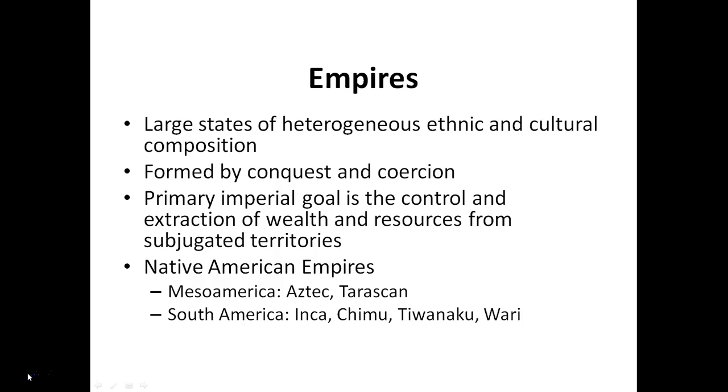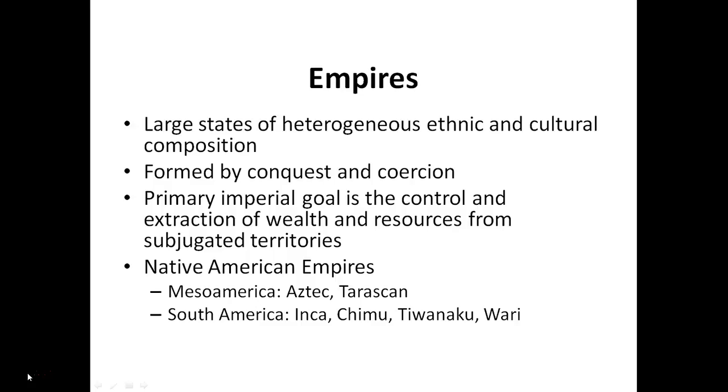And finally, we have empires, which are large states of heterogeneous ethnic and cultural composition. They bring together many different ethnic groups, and they are formed by conquest and coercion as one state expands and conquers adjacent states in order to take control of their territory and extract the wealth and resources from these subjugated territories.